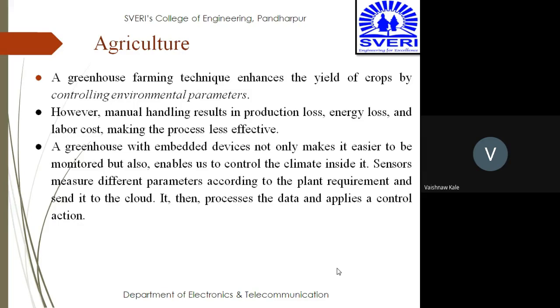Then yet another very important application is agriculture. As we know, India is an agriculture country, and 70% of the population depends on agriculture. Now a lot of issues are going on in agriculture. The farming is not up to the mark.